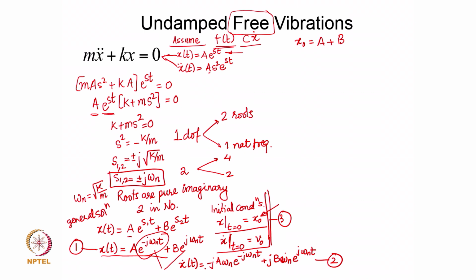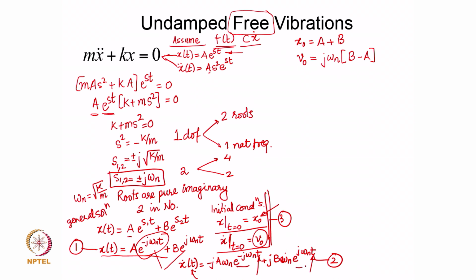And then if I substitute these initial conditions 3 into equation 2, x dot t is v naught at t equal to 0. So, you can substitute t equal to 0 in this equation, and x dot at t equal to 0 will be v naught, and therefore I write this as v naught, and then what do you get here? j omega n into bracket b minus a, is it not?